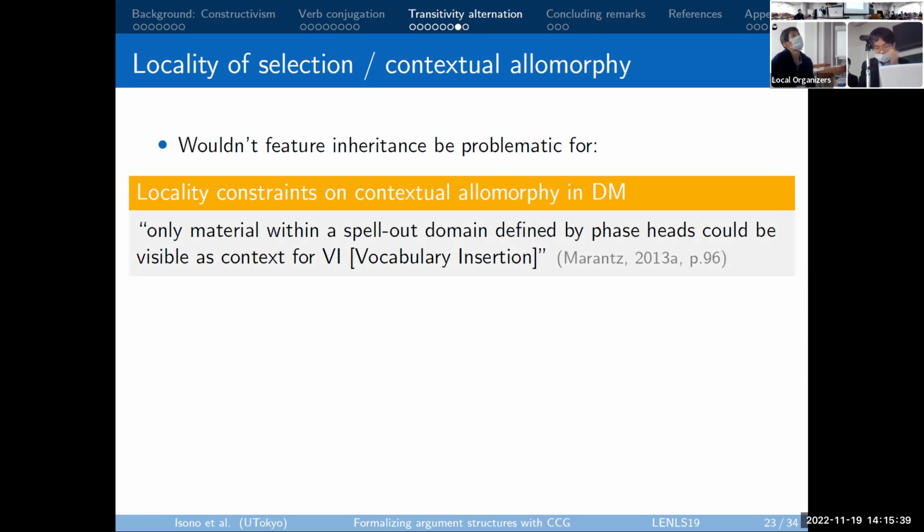In distributed morphology, it has been said that, quote, only material within a spell-out domain defined by phase heads would be visible as context for vocabulary insertion. This is a bit technical, but basically it means that contextual allomorphy can only look at some local context, which is typically defined by phase in distributed morphology.